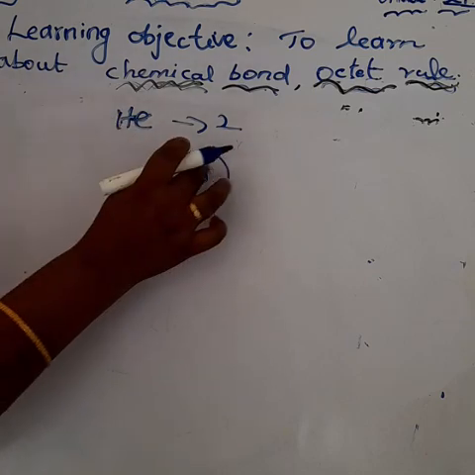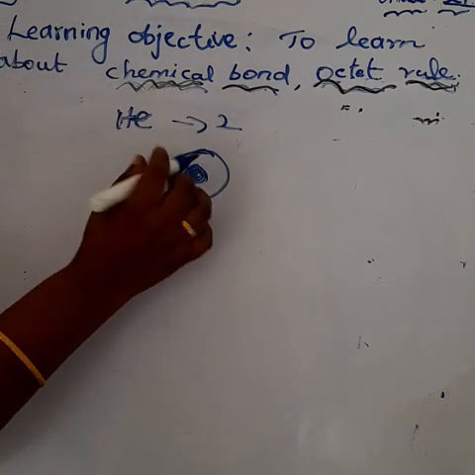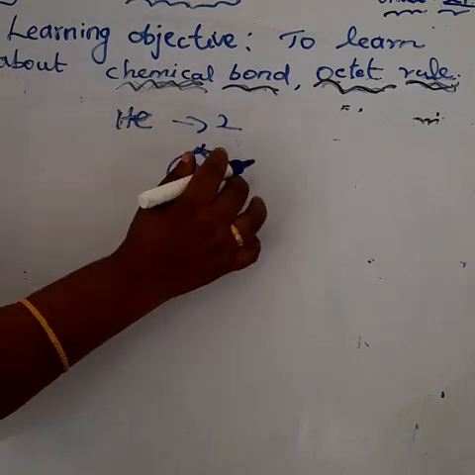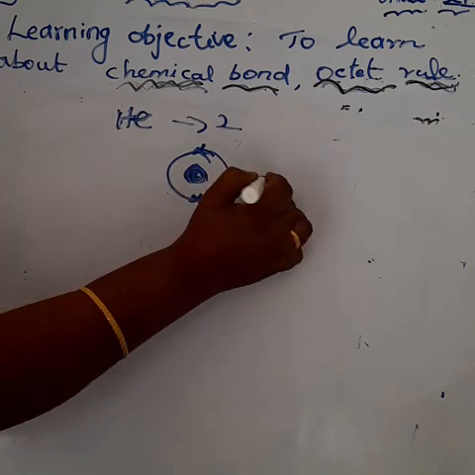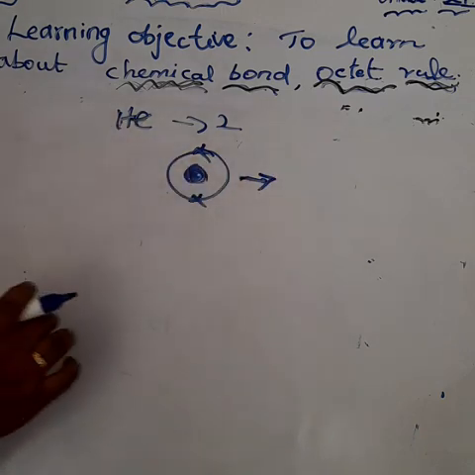The helium atom has 2 electrons, so the electronic configuration of helium is 1s2, with only one orbit. There is no need to lose or gain electrons, so it becomes stable. Understood?